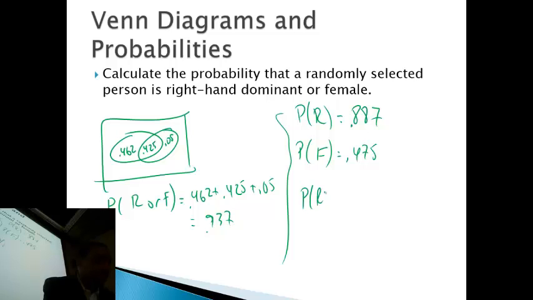So right-handed or female is going to be 0.887 plus 0.475, which is 1.362.